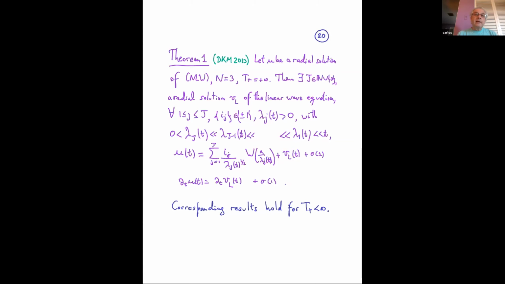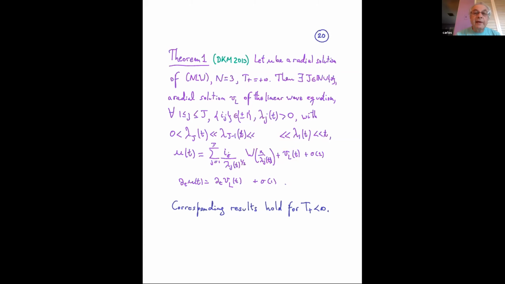And with these parameters, we can show then that the solution u of t equals the sum of the rescaled solitons, plus or minus, plus the radiation term u_L of t, plus a term which tends to 0 as t goes to infinity in the H-dot-1 norm.